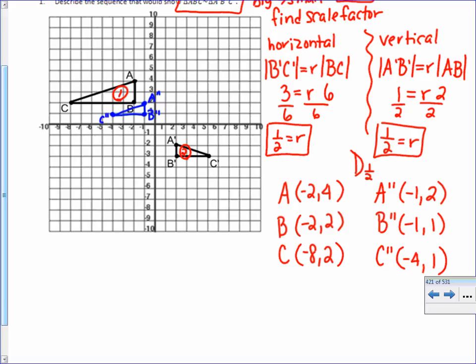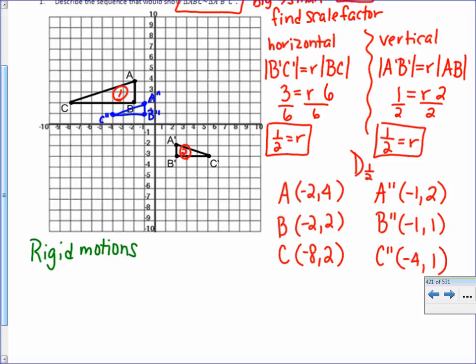Now remember, our goal is to map that blue triangle onto triangle A prime B prime C prime. And if you notice the orientation of the vertices, they're flipped. So what I want to do now is think of the rigid motions that I want to use.